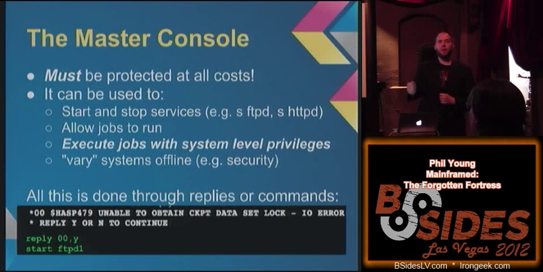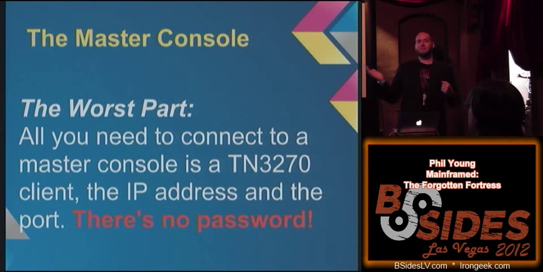When you run a command there, the mainframe is just doing it at the machine level. It's not referencing the security databases. You can turn off things like security. You can vary off RACF. You would never do that because that would basically DOS the mainframe, but that's something that could happen. That's why you need to protect it, and you need to protect it because there's no password.